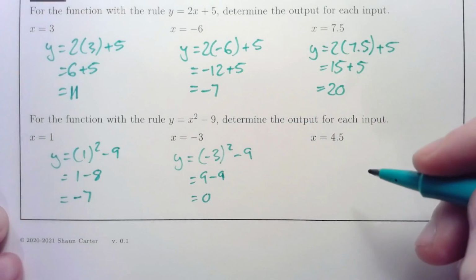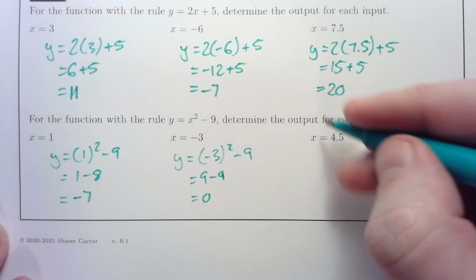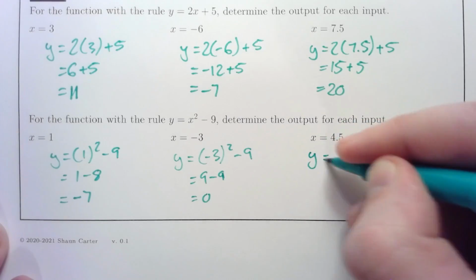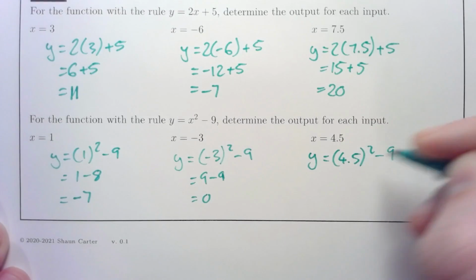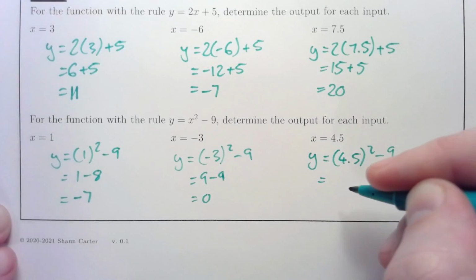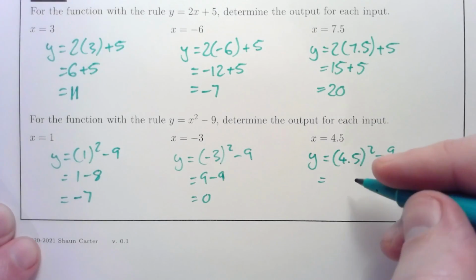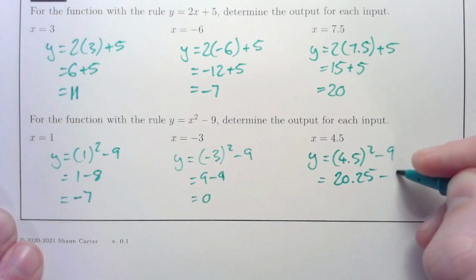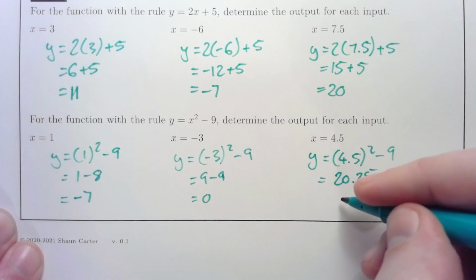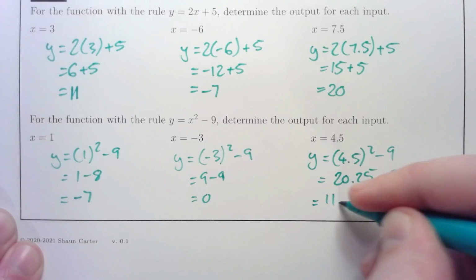And if the input is 4.5, then y is equal to 4.5 squared, take 9. 4.5 squared would be 4.5 times 4.5. So that would be 20.25, take 9, which is equal to 11.25.